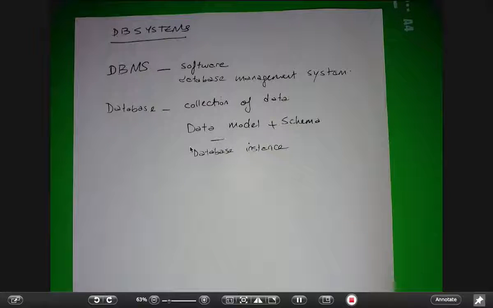So that is a database instance. Sometimes when we don't care about the data schema because we understand we are talking about something to do with the schema, we just say database just to mean the schema, just to mean the instance. Okay, so if you're abusing language, database is generally the instance, but often the database is a collection of the schema, the rules about the data, and the data itself.